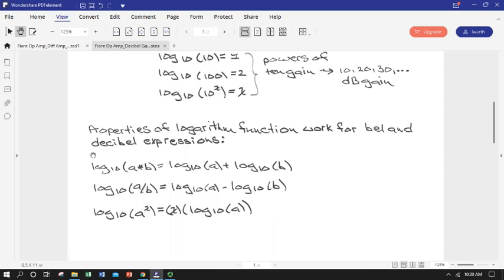So again, hopefully this is a mathematics review for you all, but just in case, one of the rules for natural logs or log-based anything is that if you have two numbers multiplied and you take a logarithm function of any base of that product, it's the same as summing the log of each of the two multipliers in the product and adding them together. So for our case, log base 10 of a times b is equal to log base 10 of a plus log base 10 of b.